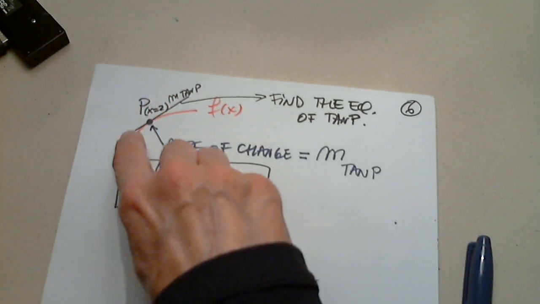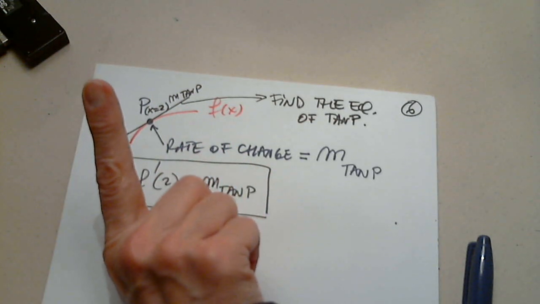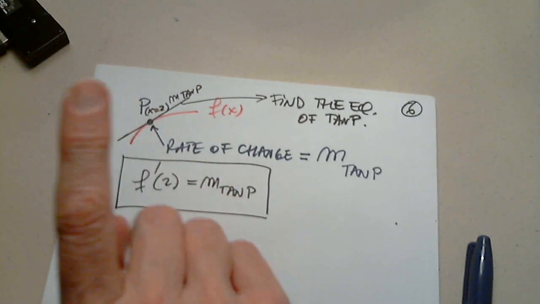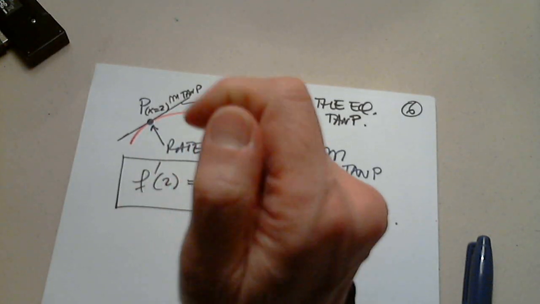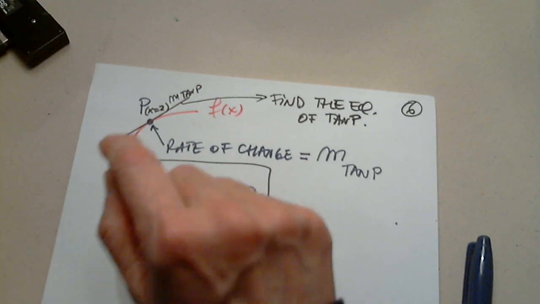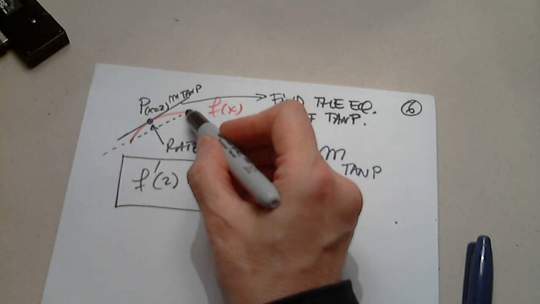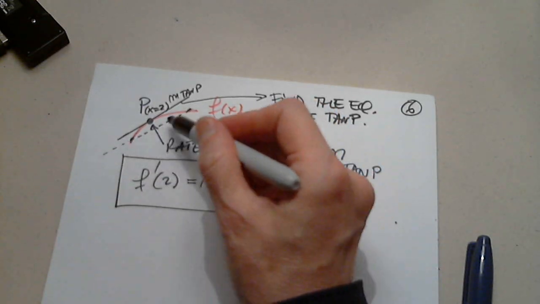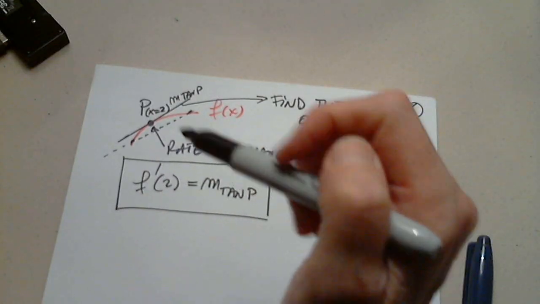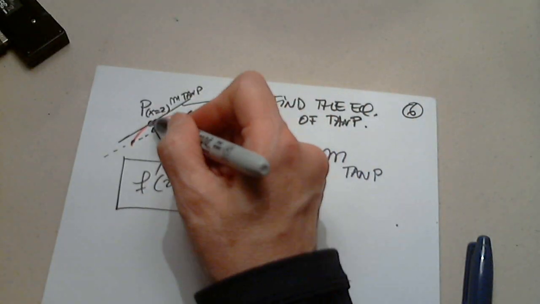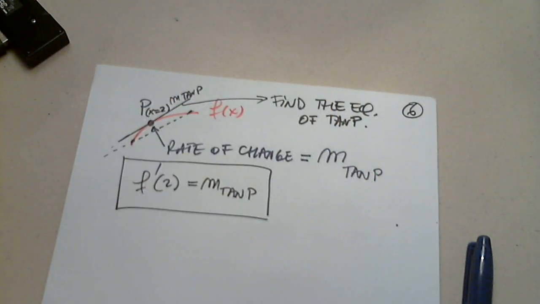You were not able to determine this in algebra, because once you have one point and you don't have the slope, you cannot determine the equation of this line with algebra alone. Now we are able to determine the equation of a tangent line. You were only able to determine with algebra the slope of the secant line because you had 2 points. But now in calculus, we are able to determine the instantaneous rate of change, which is the same as the slope of the tangent line at P.